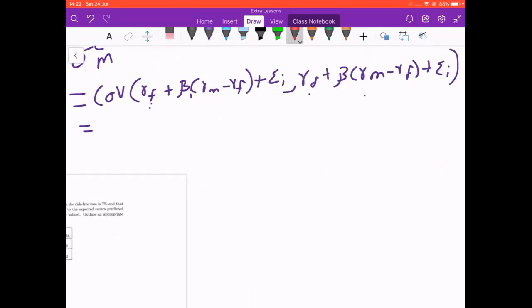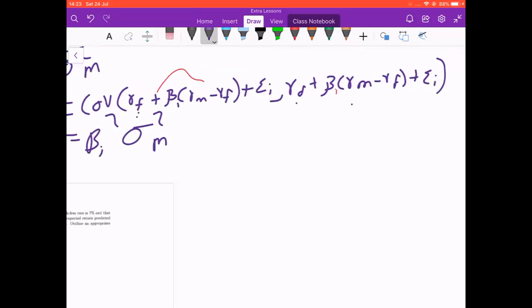For this one over here, let's start with the market. You're going to have beta I squared times the variance of the market. And then you're going to have the covariance of the market and the error.